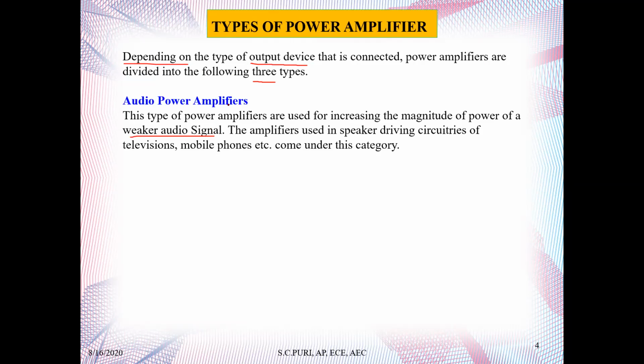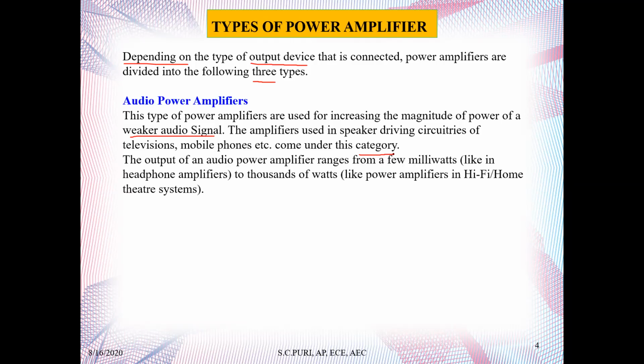That's important for audio power amplifier. The amplifier used in speaker driving circuitries of television, mobile phones, etc. comes under this category. The output of an audio power amplifier ranges from a few milliwatt, like headphone amplifier, to thousands of watts, like power amplifier in hi-fi home theater system.